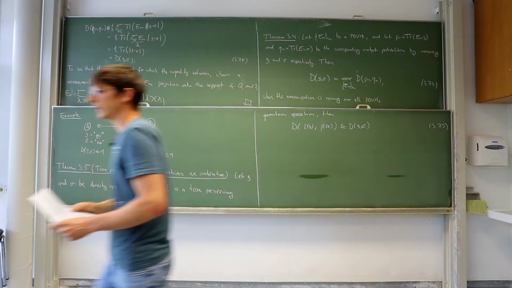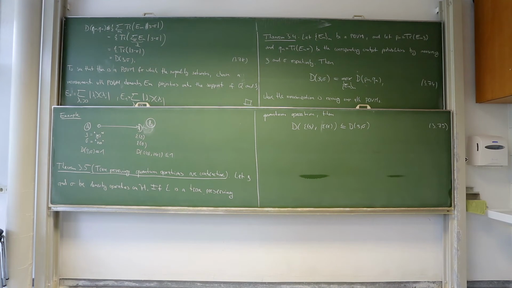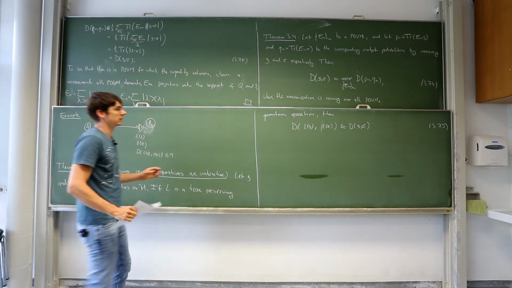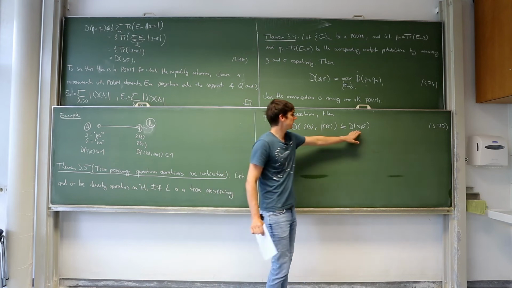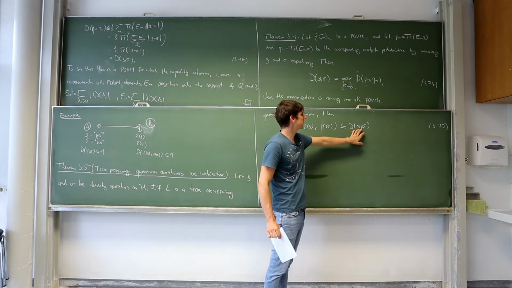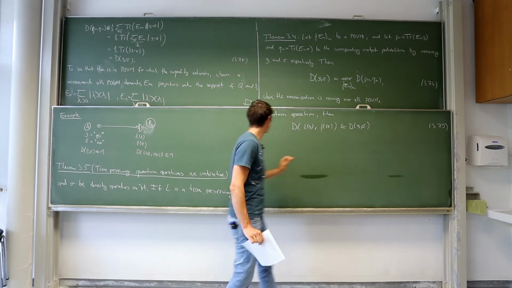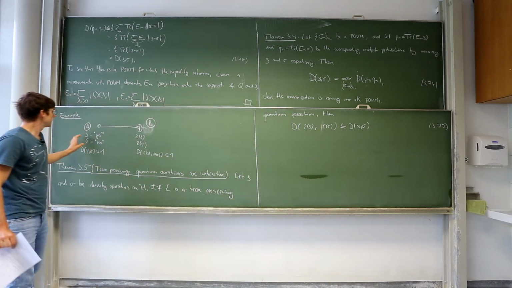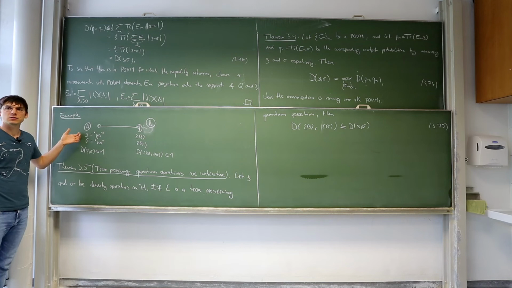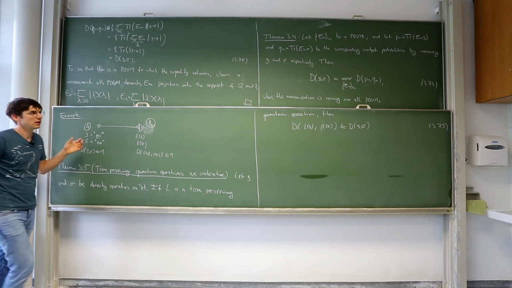So, this tells us now that trace-preserving quantum operations can only lead to a loss of information. In a sense, if you consider the distance between rho and sigma as information, okay, simply think of this example here. The information would be yes or no to some answer, right?